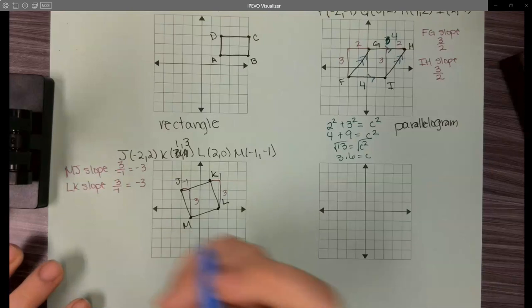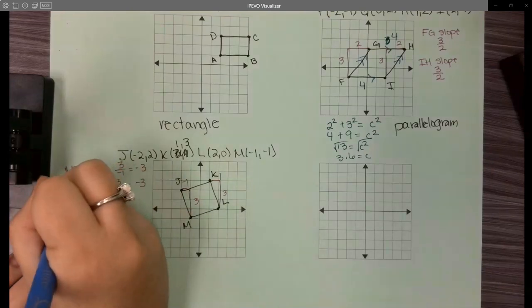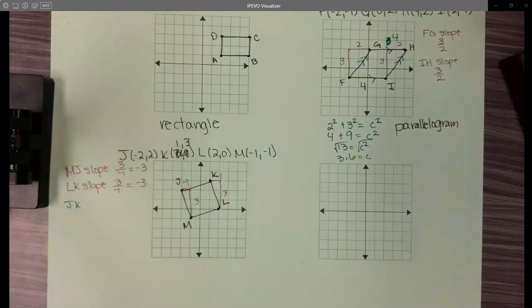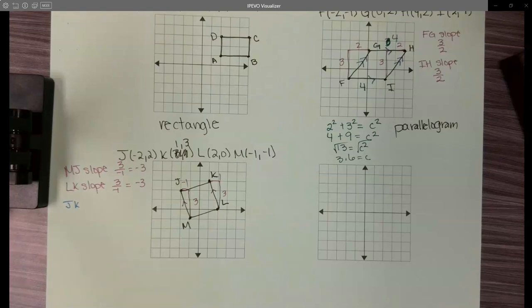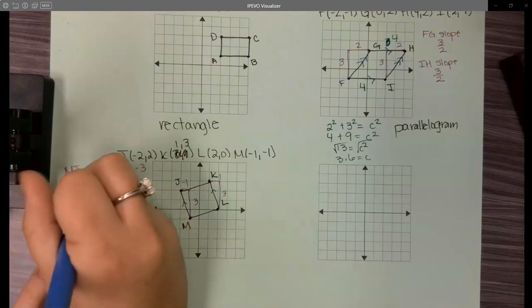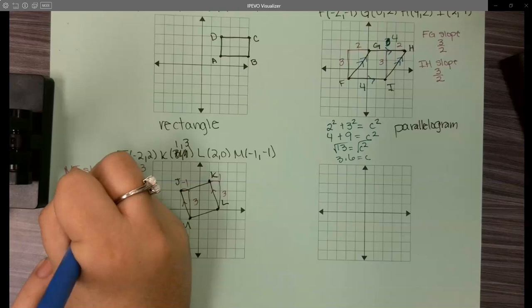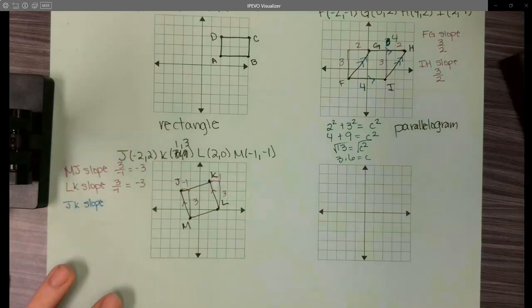Then I want to check to make sure JK and ML are parallel. Those two work, by the way, because they were the same number. So next I'm checking JK.